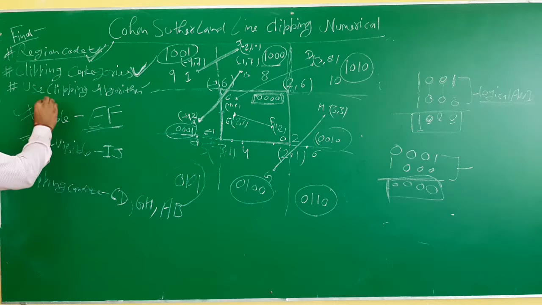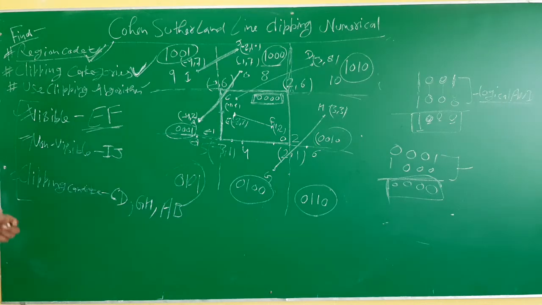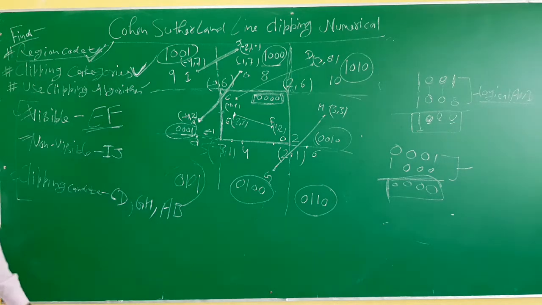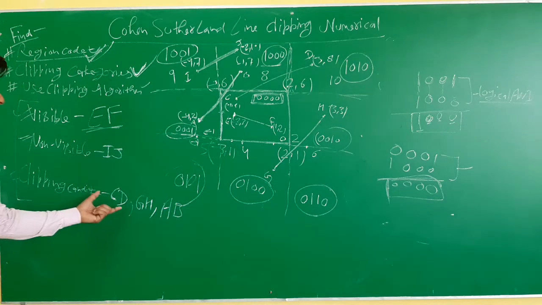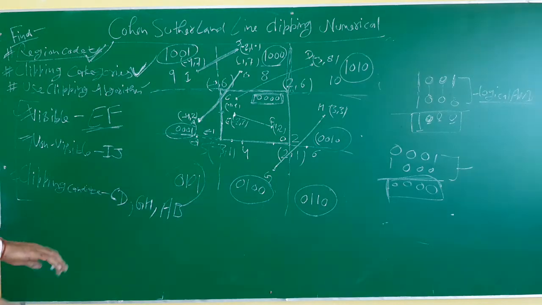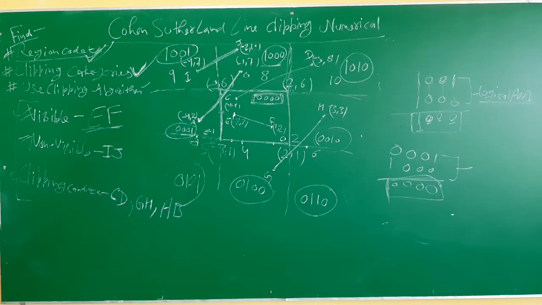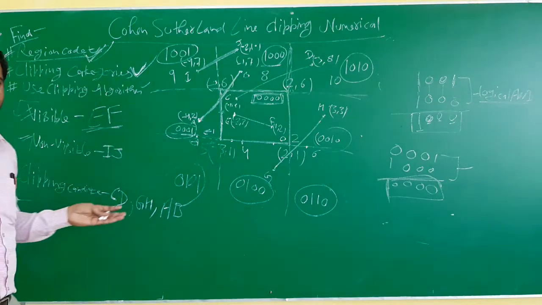These are the clipping categories: visible EF, non-visible IJ, and clipping candidate we have lines CD, GH and AB. 3 lines under clipping candidate. Now we will clip these according to the line clipping algorithm. Clear? This is all clear?